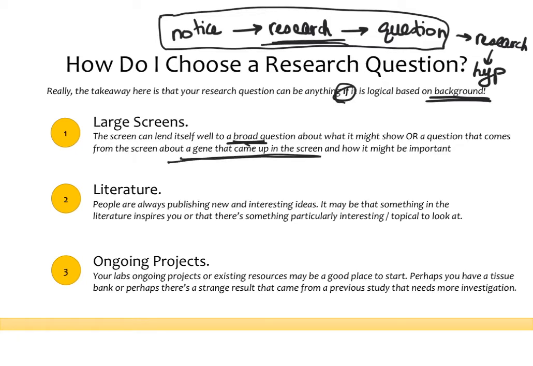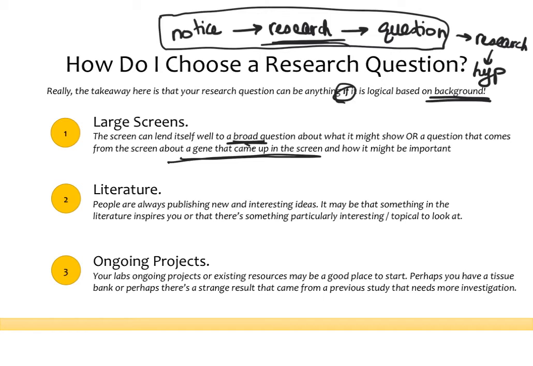A second thing is looking at literature or looking at other things you've read about, learned about, or heard presented. It may be that something in that piques your interest or there's something very interesting or topical. For now, that topical thing would probably be the coronavirus that's going around. And so that might be something that you want to look at or ask a question about.